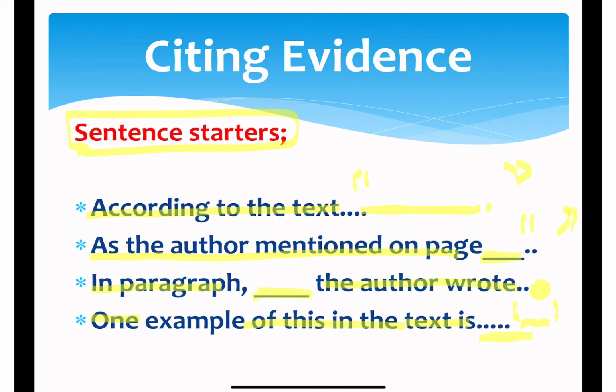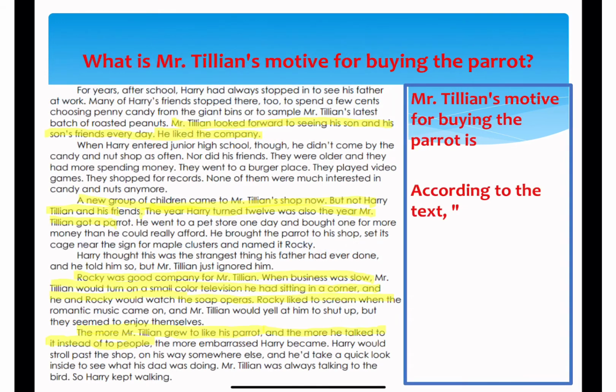With that said, we are going to look at the rest of the story from Papa's Parrot. In this case, the question is, what is Mr. Tillian's motive for buying the parrot? Now, we all know what his motive was for buying the parrot because we said it. His motive for buying the parrot was because he's lonely. But what I want you guys to do is use a part of the question in your answer.